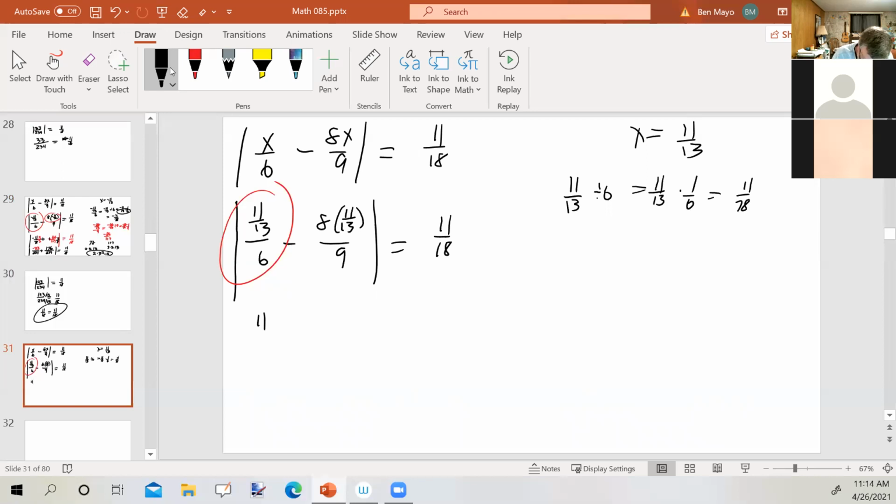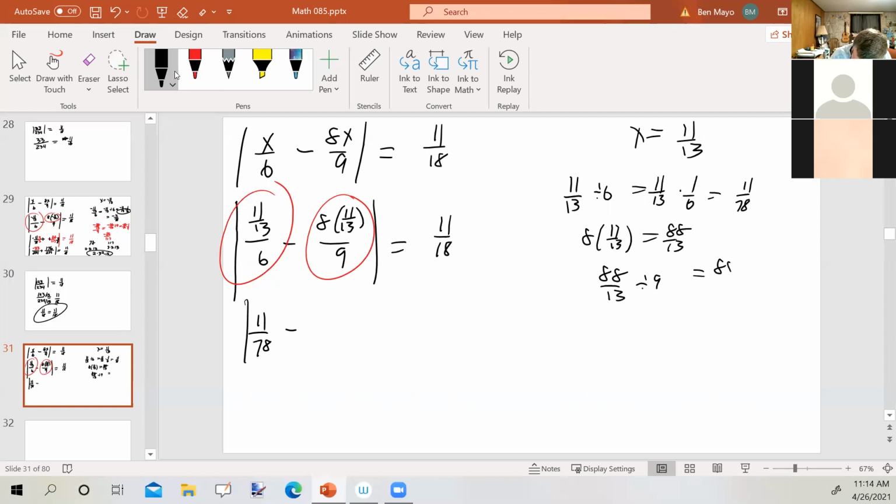So this is 11 over 78. And then let's deal with that. Minus, let's see, 8 times 11/13 is 88/13. 88/13 divided by 9 is 88/13 times 1/9, which is 88 over 117.